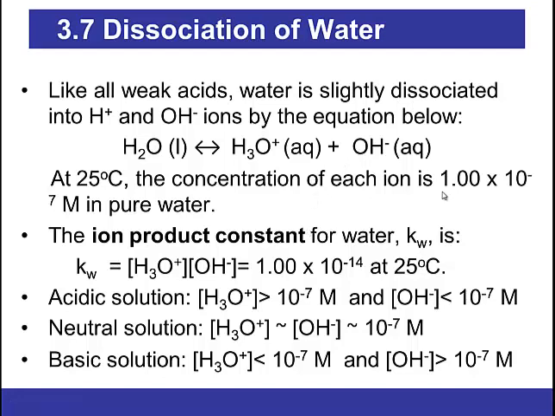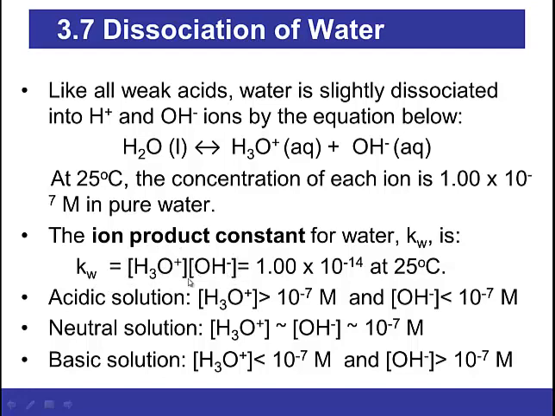So in pure water, the concentration of each of these guys is 1 times 10 to the minus 7 molar. So it's a very small concentration that is in the protonated and deprotonated state. So we can come up with an ion product constant then for water that will be given by this equation. So it's just the concentration of our hydronium ion times our hydroxide ion.